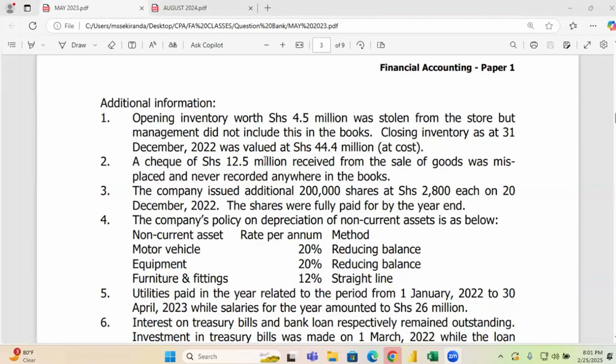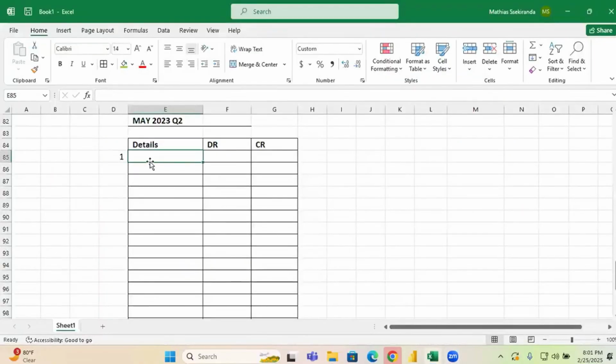So the one that was not included, they want you to include it in the books by passing journal entries. And we all know that stolen inventory is normally a cost, okay? It is normally a cost because you have lost it. So what we do, you can say debit profit or loss, or to be particular, you can say debit stolen inventory as an expense, okay?